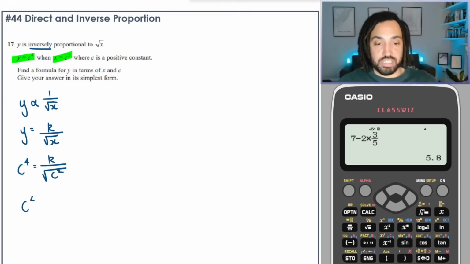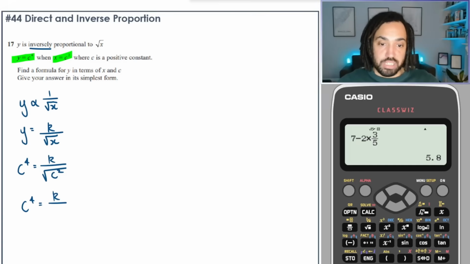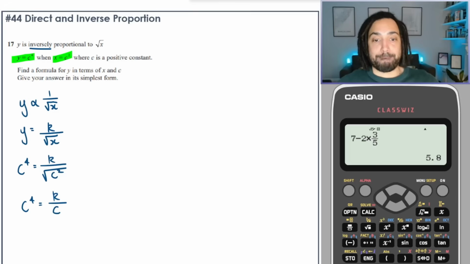Okay, so simplifying the bottom here, c squared and then square rooted is just c. And because it's a positive constant, we know that this is going to stay positive, and that'll be fine. Times through by c, we get c to the 5 is equal to k, multiplying both sides by c.